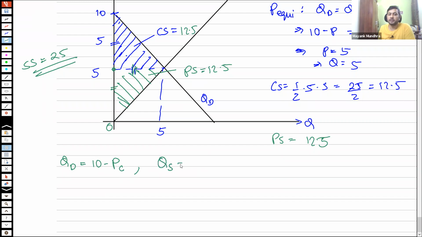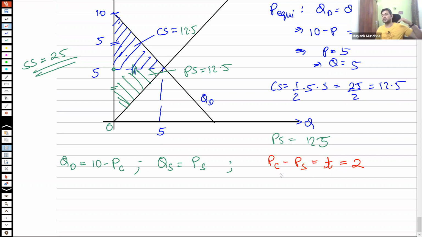Quantity supplied becomes equal to the price which suppliers face. So price consumers and price suppliers become different entities. And a new rule is: price which consumers pay minus price which suppliers get must be equal to the tax amount per unit, which is 2 rupees.